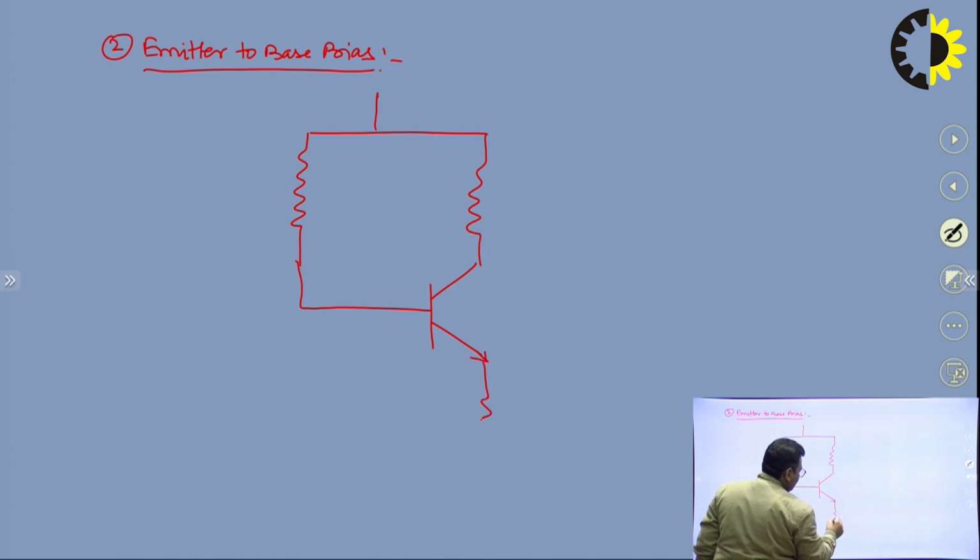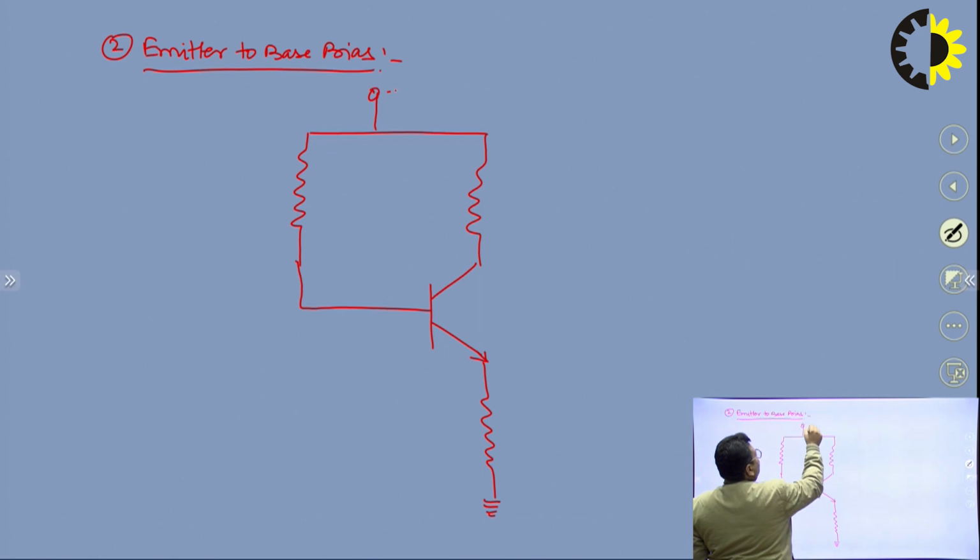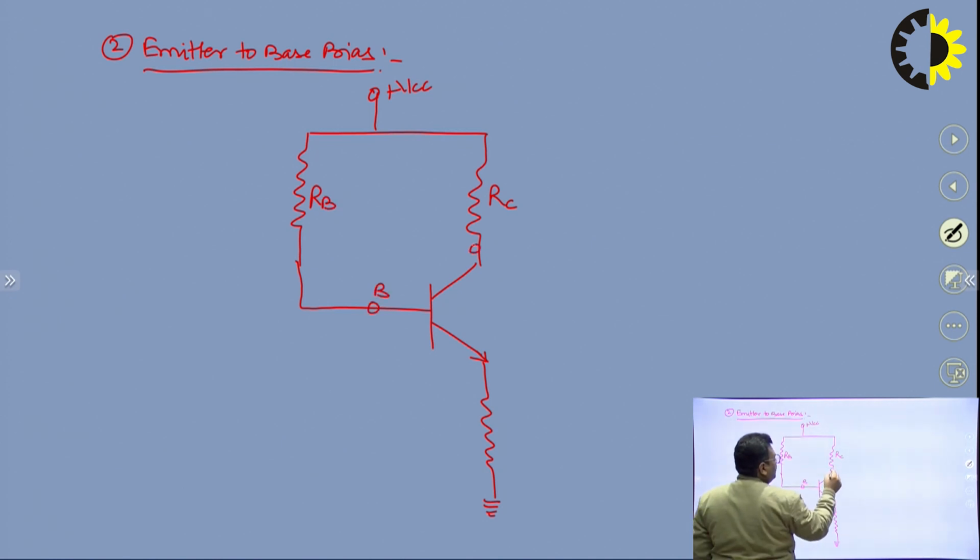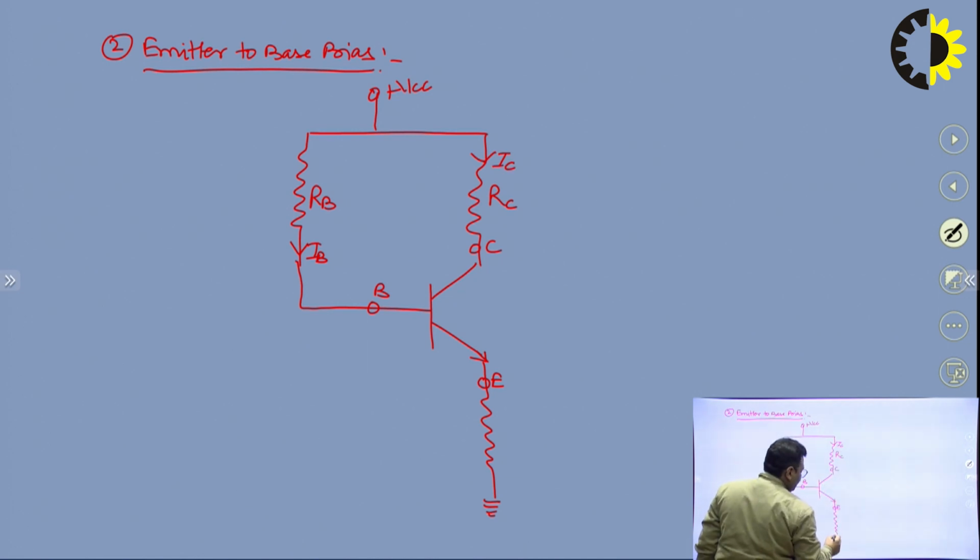Okay, so here also we will apply a resistance, right. So this is your plus VCC, this is your RC, this is your RB, and here you have your base terminal, here the collector terminal, here the emitter terminal. Here obviously IB current is flowing, here IC current is flowing, and here IE current is flowing, and this resistance is called RE.